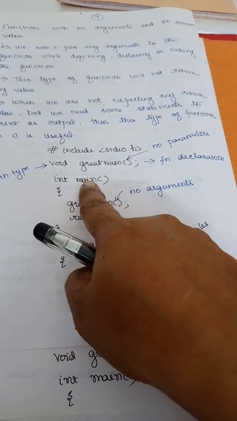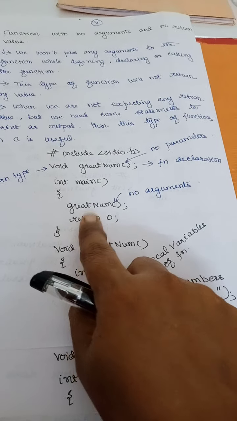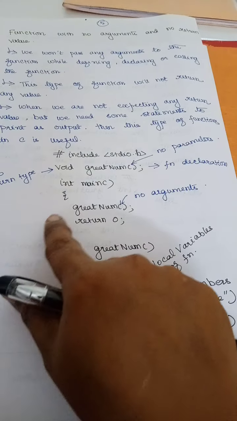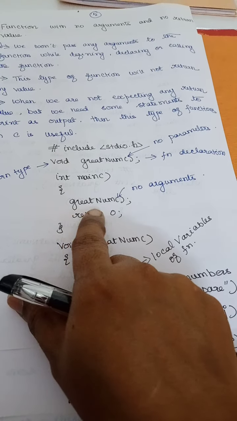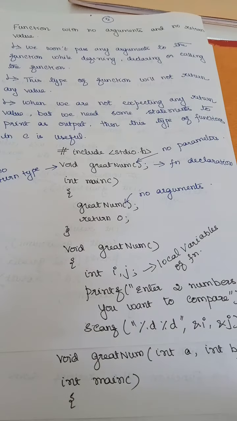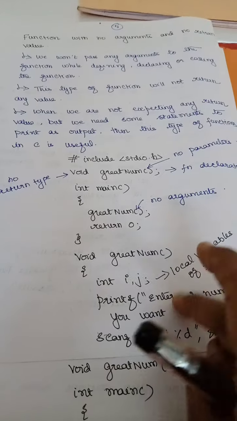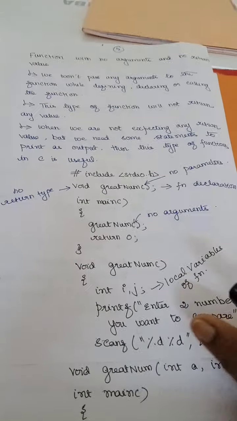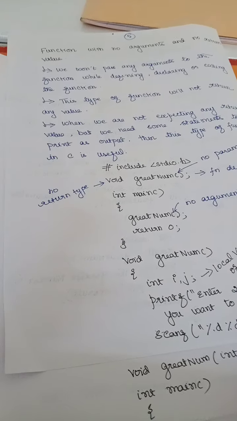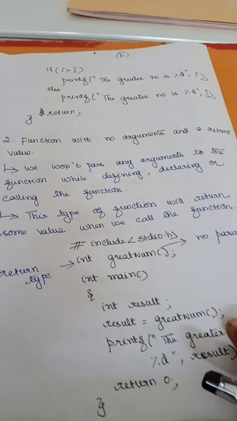I am not doing anything in the main, right? So whenever I return from the function, it returns here. Again, I don't have any statement to execute, so my function gets over. Is that clear? So this type is nothing but a function with no argument, no return type. Inside the function I am going to do all the operations.